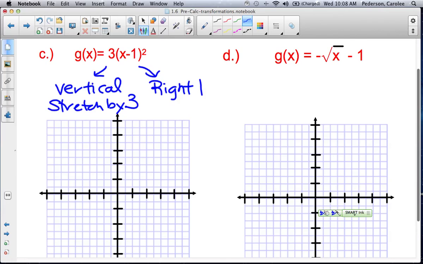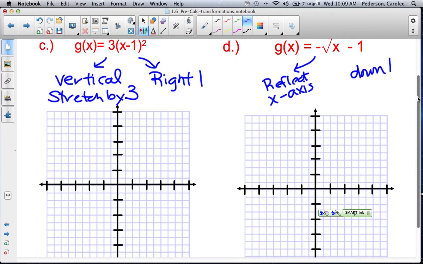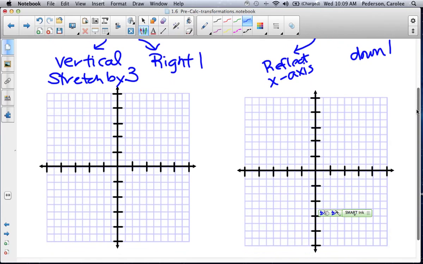Reflects it over the x-axis. And what does the -1 outside the function do? Down 1. Okay, so I'm going to just graph this parent function. You're not graphing it. So we'll move on here.